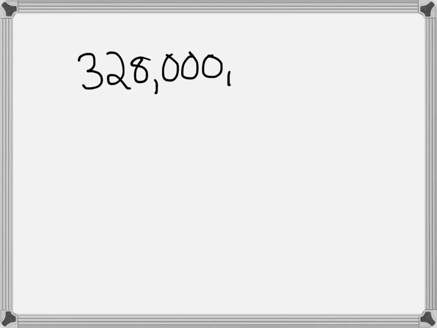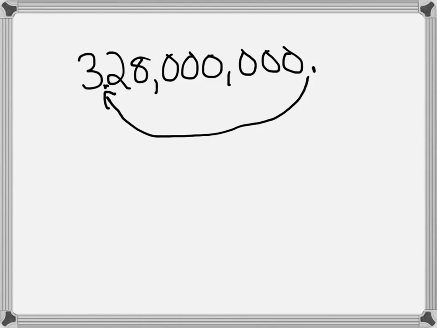Let's try that with another example. Let's say we have 328,000,000. Okay, this is 328 million. The decimal, even though it's not written, goes there. What we want to do is move the decimal from here all the way to right here. Okay?